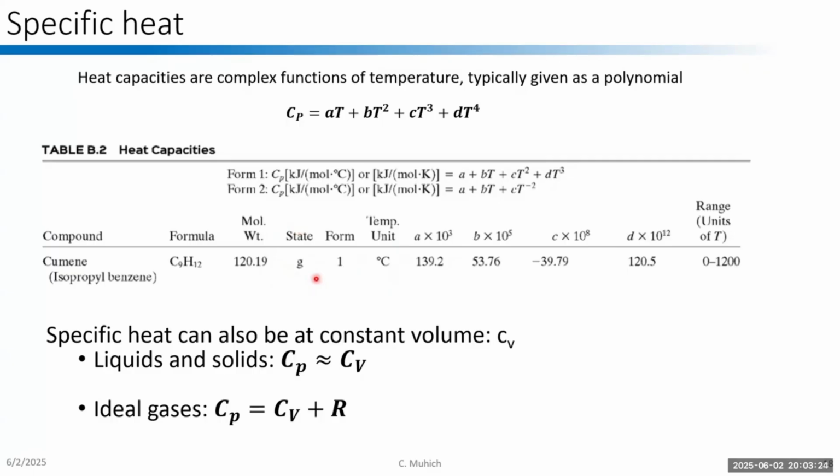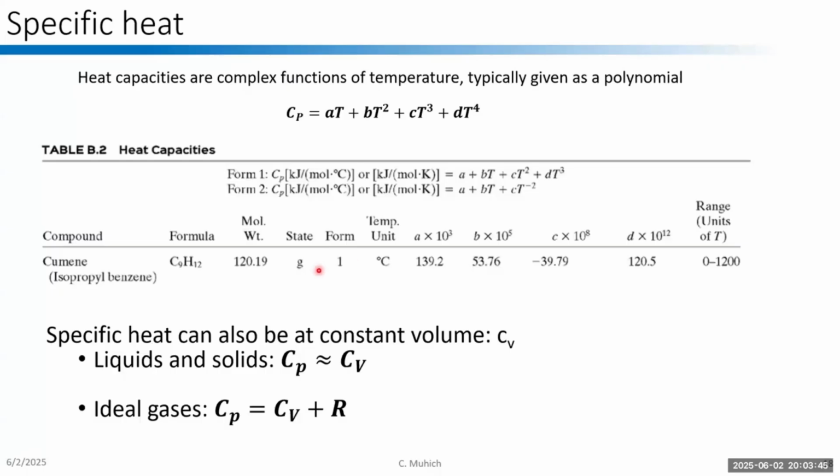So whether you're in the gas state or the liquid state, because they're going to have different sets. And then if they give you multiple forms of equations, which equation you're using, and then really, really, really importantly, whether you're operating in Celsius, Kelvin, Fahrenheit, Rankine, whatever.